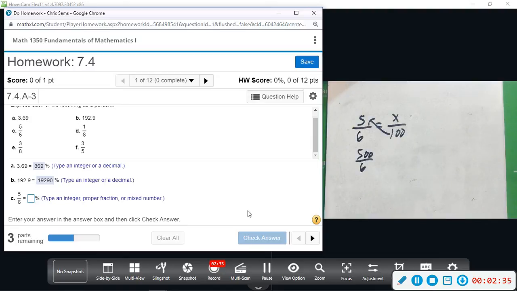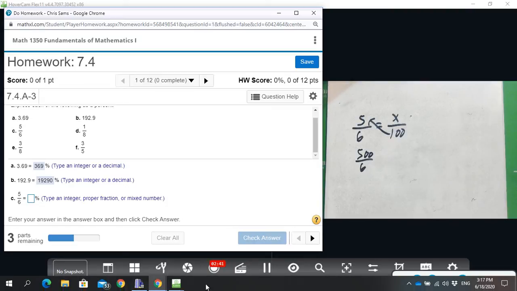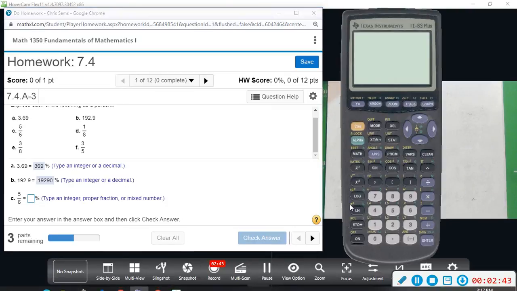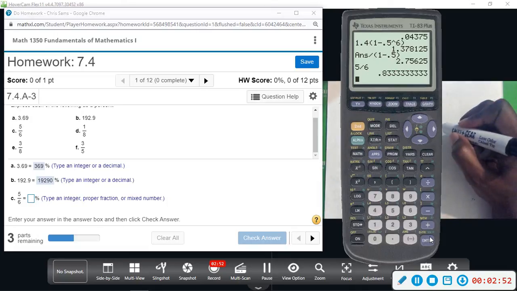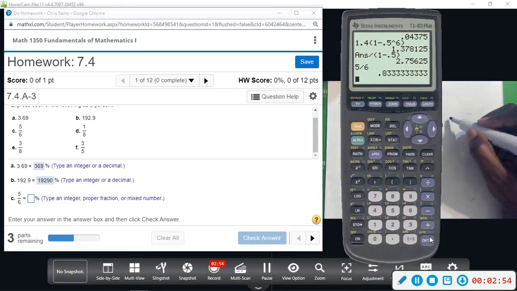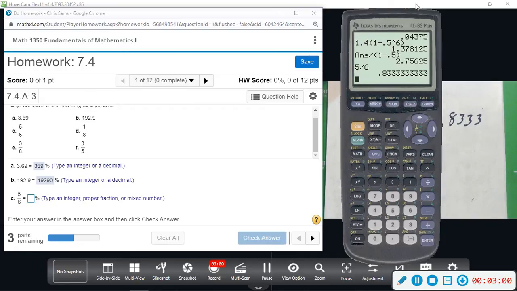So just to show you, on the calculator, if we did 5 divided by 6, we get 0.8333. Okay, so 3 repeating.